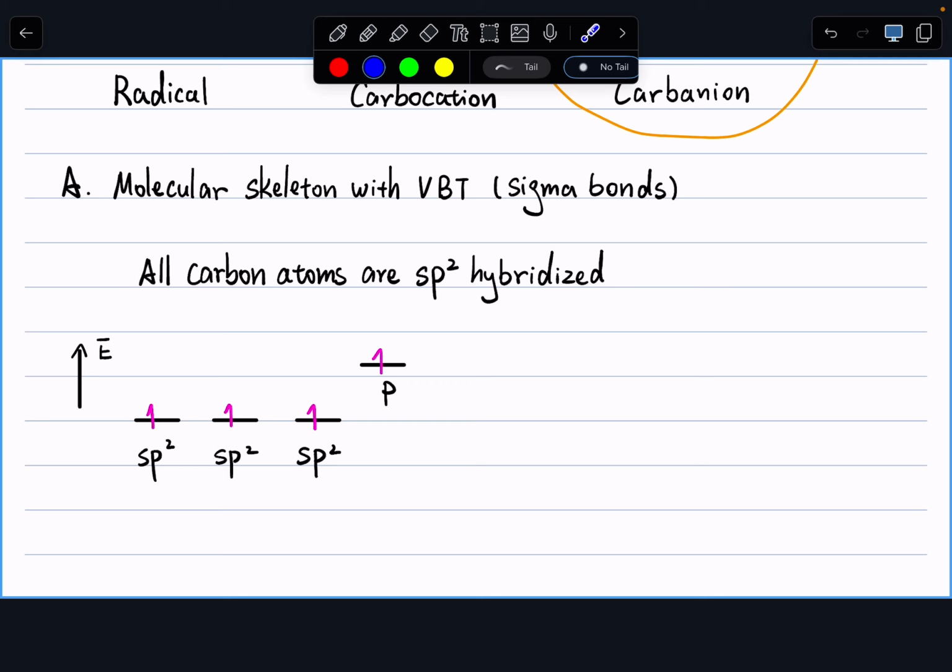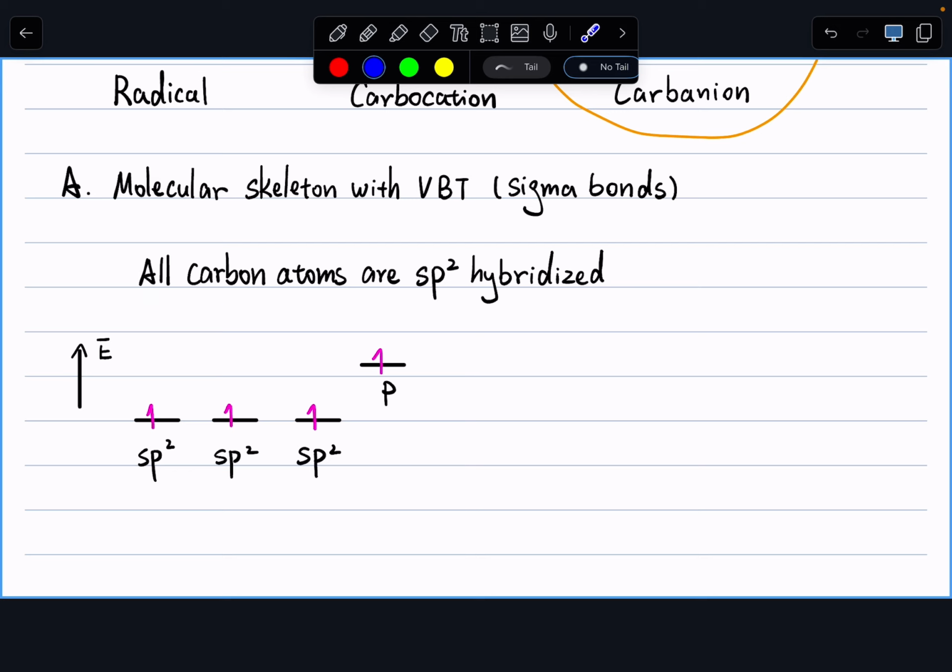So we want to use valence bond theory to first identify where my sigma bonds are. So in this case, what do we have? We start by looking at the hybridization of my carbons. All 3 carbons are sp2 hybridized.